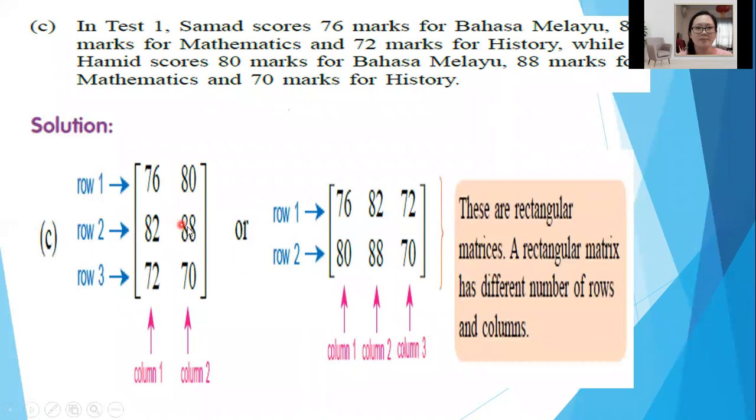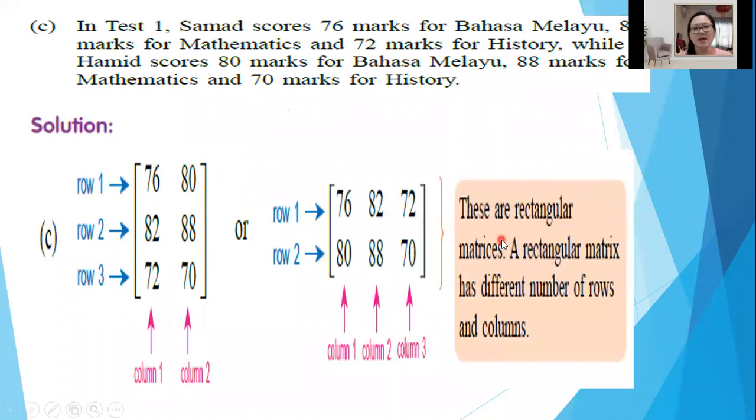In test 1, Samad scores 76 marks for Bahasa Melayu, 82 marks for mathematics, and 72 marks for history, while Hamid scored 80 marks for Bahasa Melayu, 88 marks for mathematics, and 70 marks for history. So we can put all the data into brackets and it is in matrix form.